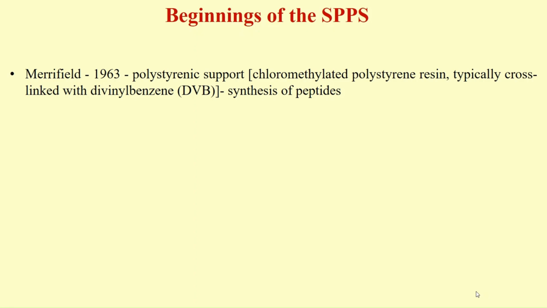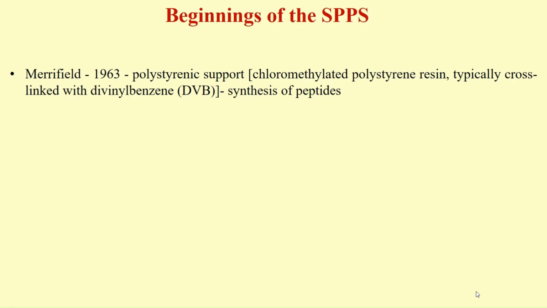Merrifield in the year 1963 used polystyrenic support. This is a resin made up of polystyrene which is chloromethylated. Typically, it is a divinyl benzene linked polystyrene.